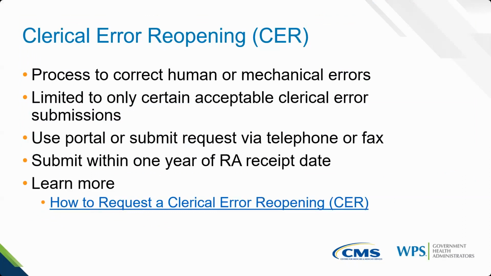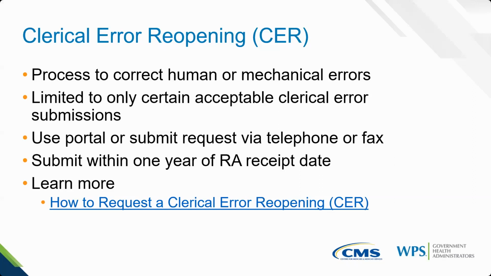Your handout includes the link to a very helpful resource titled How to Request a Clerical Error Reopening. This is a resource on our website. It includes information about this CER process and provides examples of acceptable clerical error submissions.